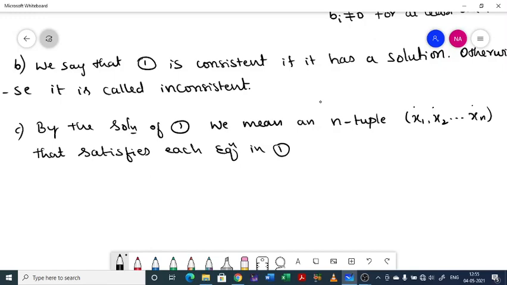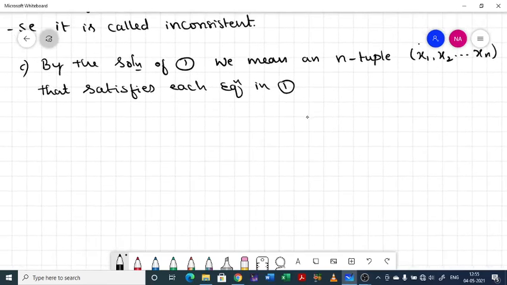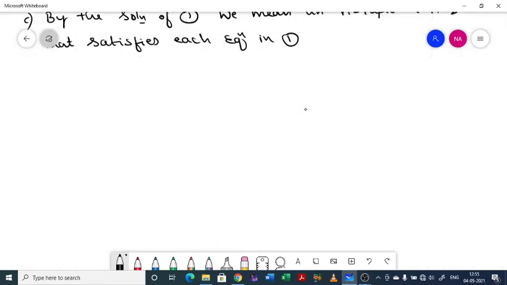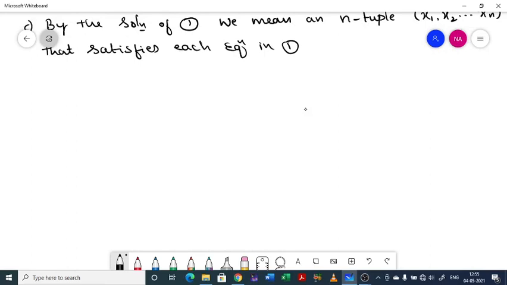Now, these are the definitions or basic things that we need to mention about a system of equations. Now we move to a new idea. We had a system of equations, no problem with that. Now we need to find the solution of these equations.